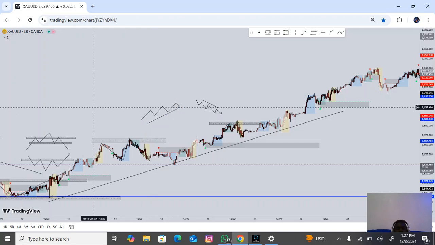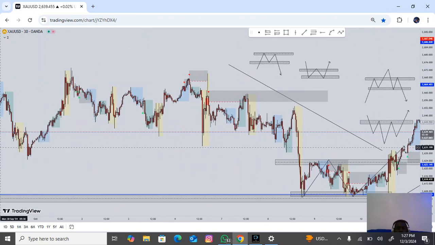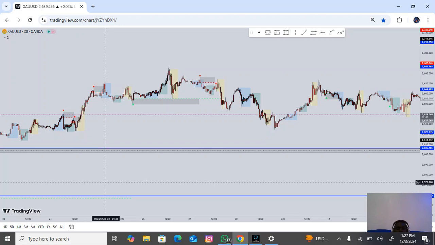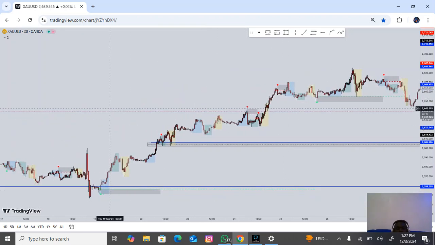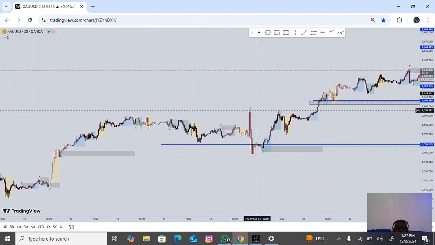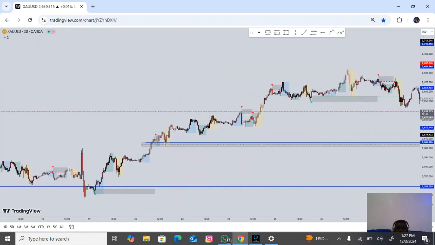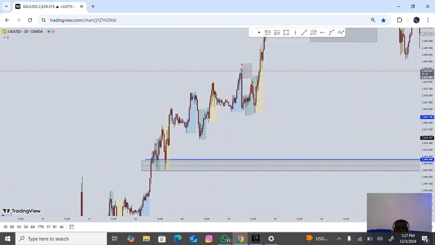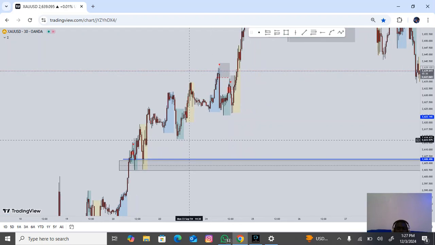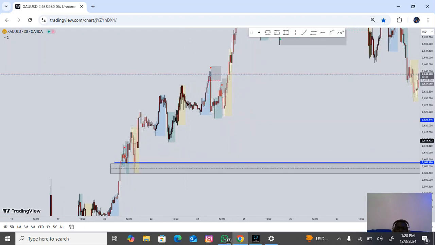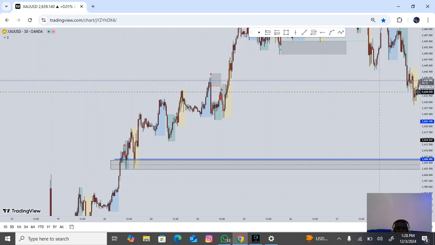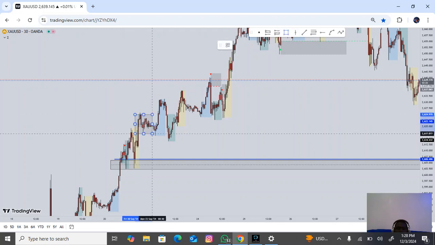Trying to look for the flag pattern. I haven't seen any yet, but I'm trying to see something like this.